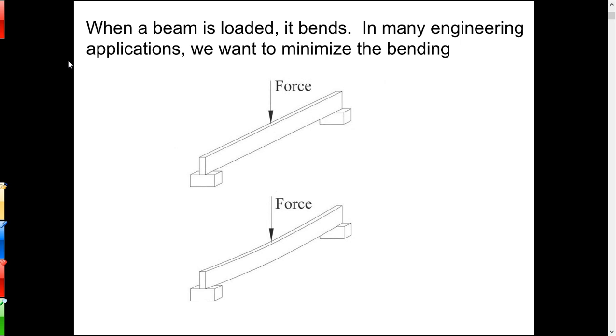If you have a beam, a floor joist, which is a beam under a floor, you don't want the floor to bounce when people walk across it, obviously. You want it to be more rigid than that. So how the amount of area in the beam and how that area is oriented influences that.